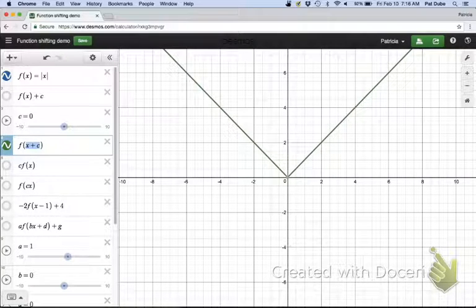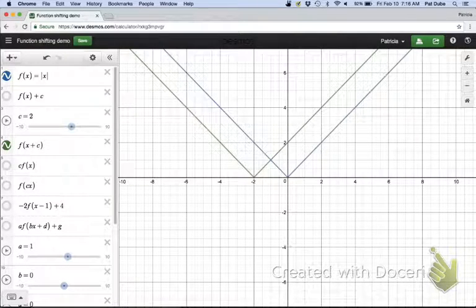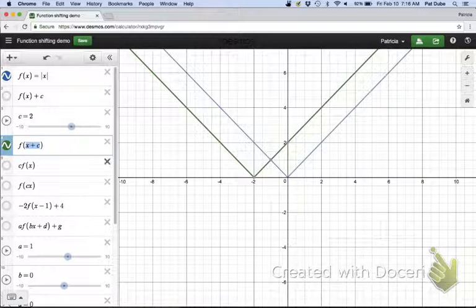So what happens when I change this c? I'm going to make it a positive 2. Well, let's look. The green graph is the new one, but it looks like it's 2 to the left of the blue graph. That is true. When you group the plus c with the x, it does the opposite of what you think.